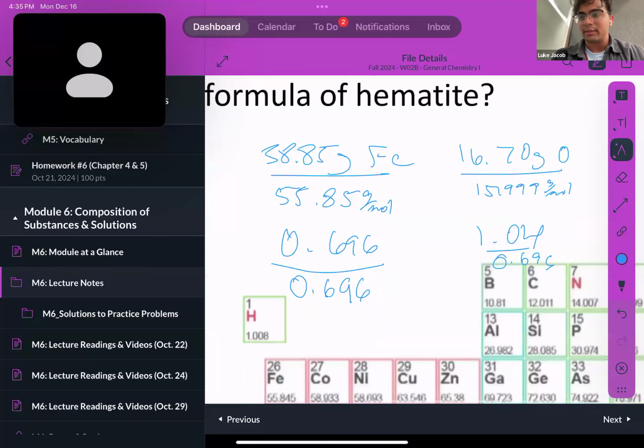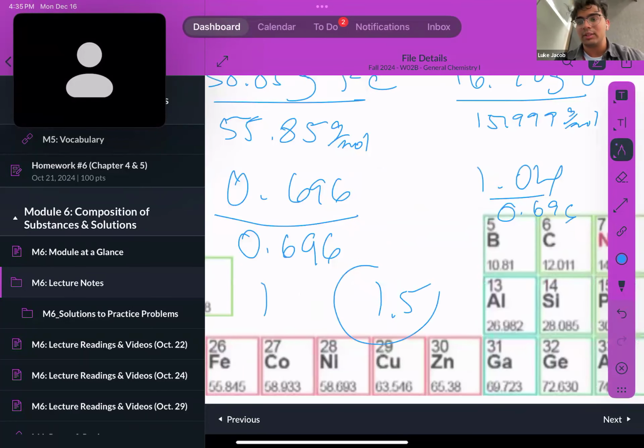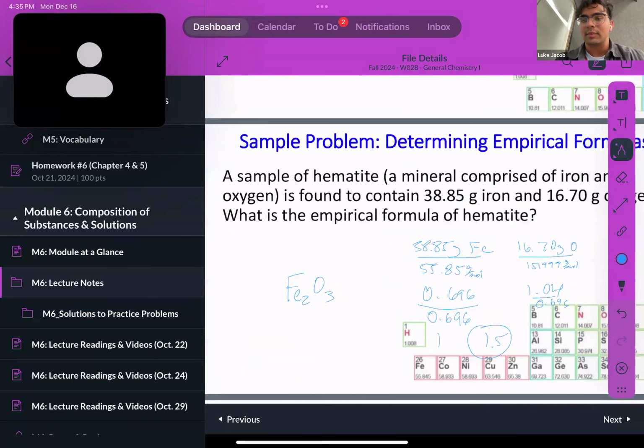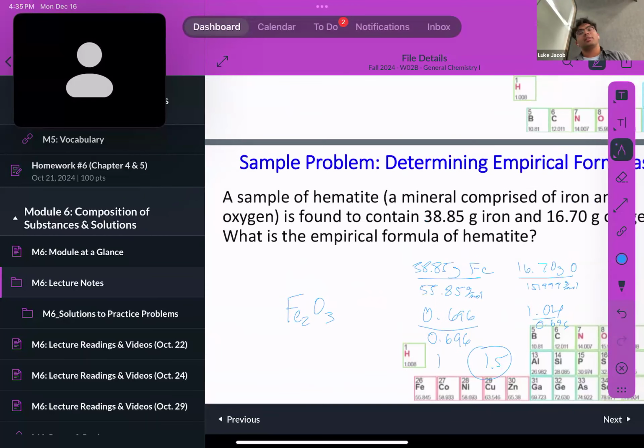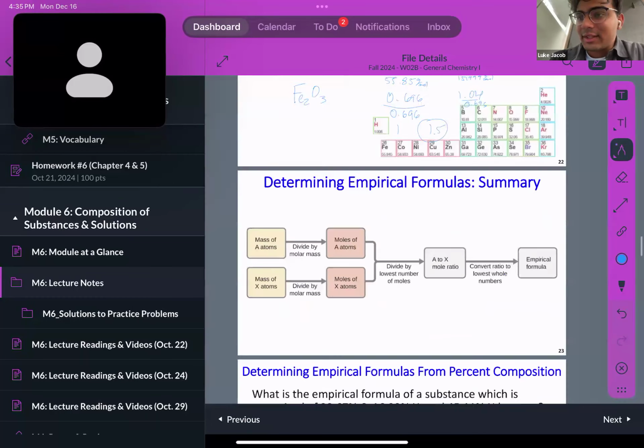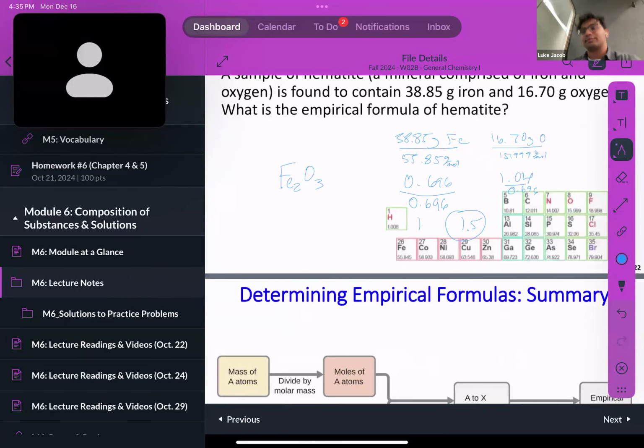You'd see that you get 1 here and 1.5 here. When you see something really close to 1.5, you want to multiply it by 2. So the final answer would be Fe2O3, which is iron(III) oxide. Does anyone have questions about what I just did there? There's definitely going to be some sort of empirical formula question on your test, so it's a good thing to go over.